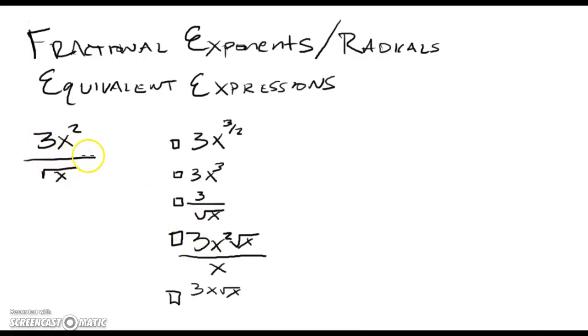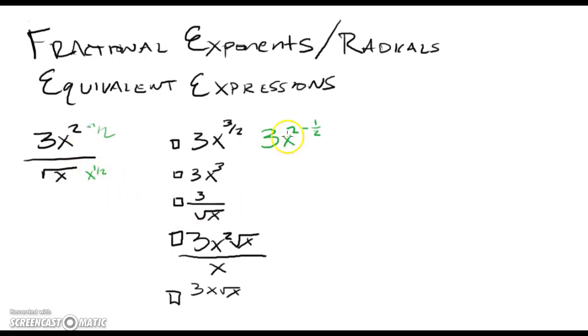to this expression. Well, if I start with this first one right here, I can say, well, I've got 3x squared to the minus 1/2. So I'm rewriting this denominator as x to the 1/2, and then I'm subtracting it up here.